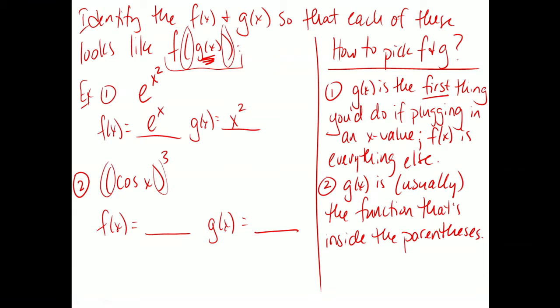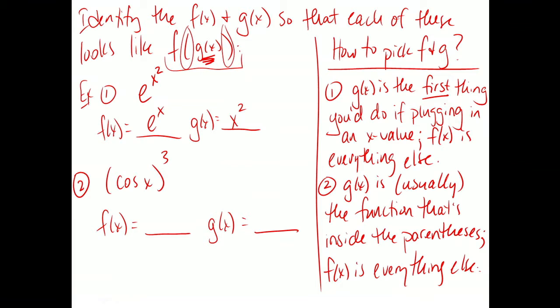So another place to look is, g is generally what's inside the parentheses. Because in math, you know that you do the things in parentheses first. So it's really just another way of saying the first rule. g is usually the function that's in the parentheses, and then f of x is everything else. And by everything else, I just mean, what do you do after you do g?